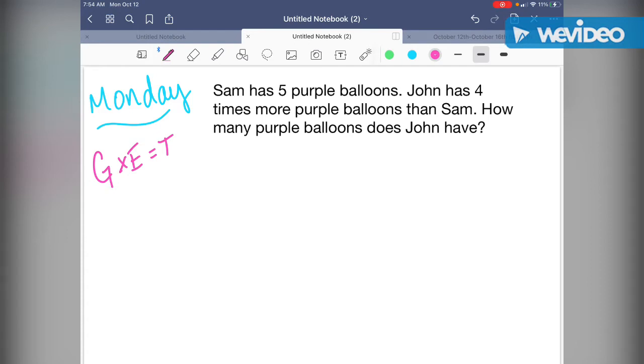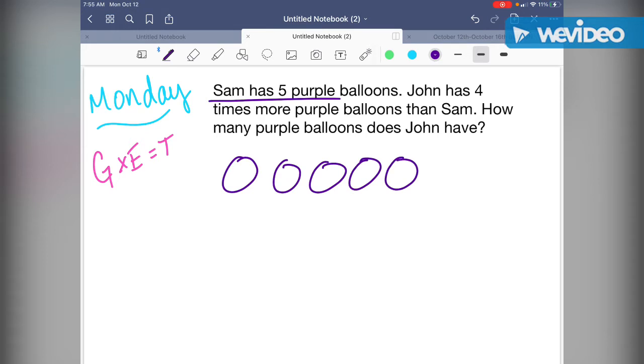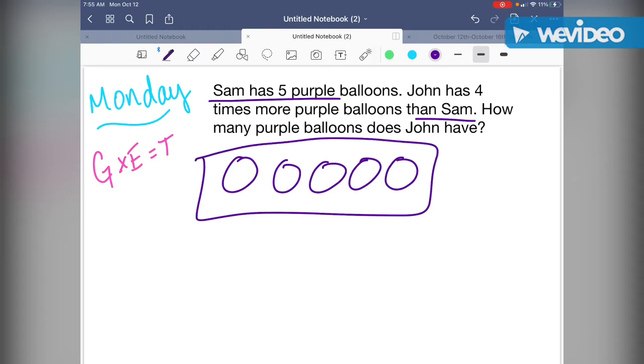Sam has 5 purple balloons. John has 4 times more purple balloons than Sam. How many purple balloons does John have? Let's draw that: 1, 2, 3, 4, 5. John has 4 times the amount of balloons than Sam. However many Sam has, John has 4 times that amount.